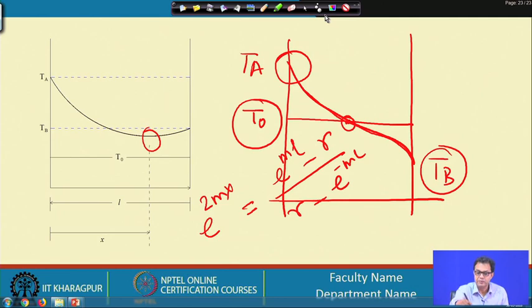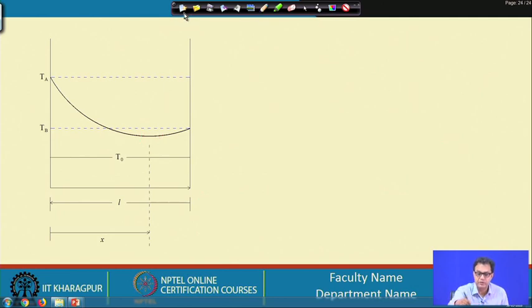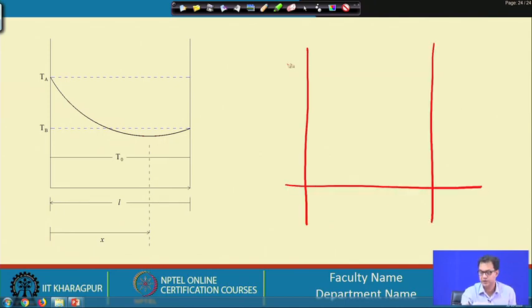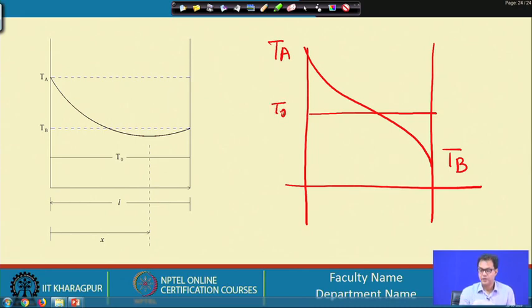So, at some point, where this is TA and this is TB and this is where we have T0, we will find that at some point x, theta itself will vanish, because it will be equal to T0.